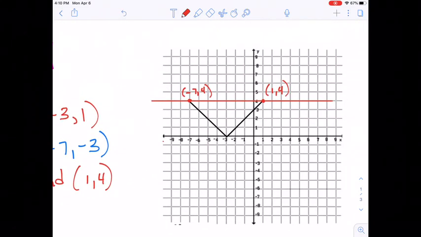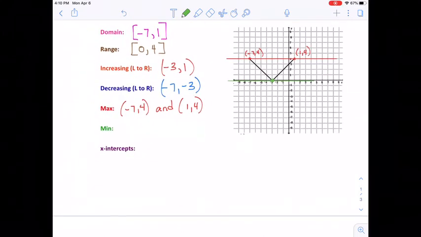We're going to write it as an ordered pair. The lowest point, the minimum, is right here at -3, 0. And that's also the x-intercept, where it's crossing the x-axis, or at least hitting the x-axis.